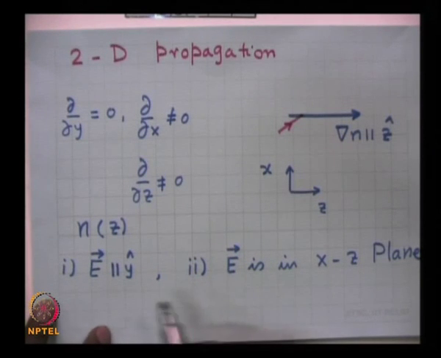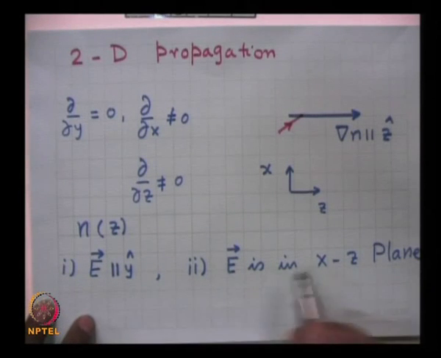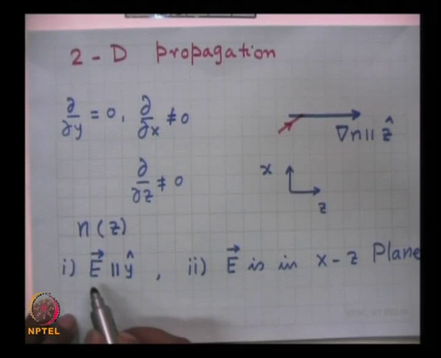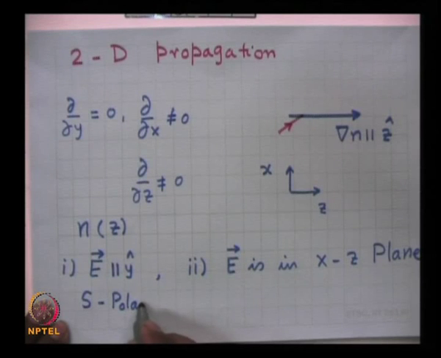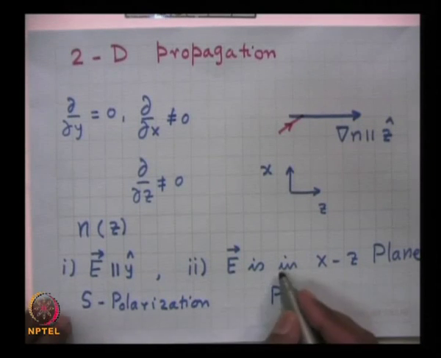Let us consider either of the two. For the sake of simplicity, I will consider the wave polarized along the y axis. This polarization is called S polarization. And the other one is called P polarization, plane of incidence polarization.